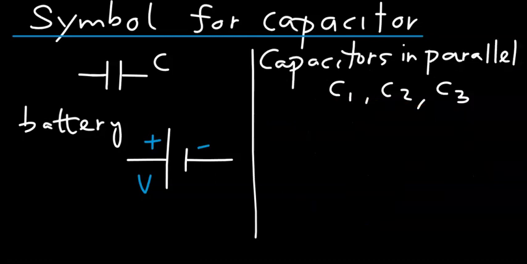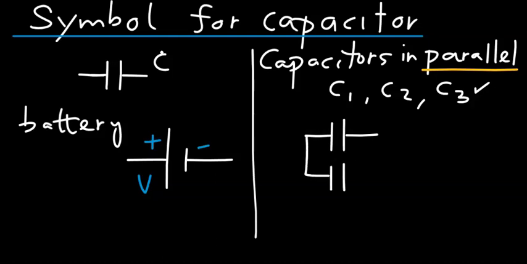Now what about capacitors in parallel combinations? So we have three capacitors, C1, C2, and C3. And this is how we connect them in parallel combinations. So the first one, the second one, and the third one, like that.